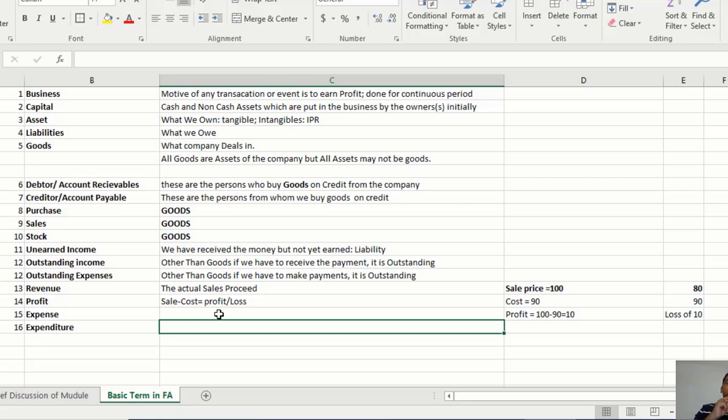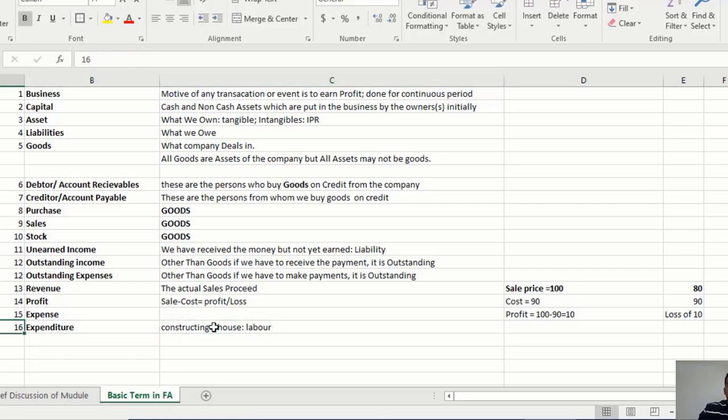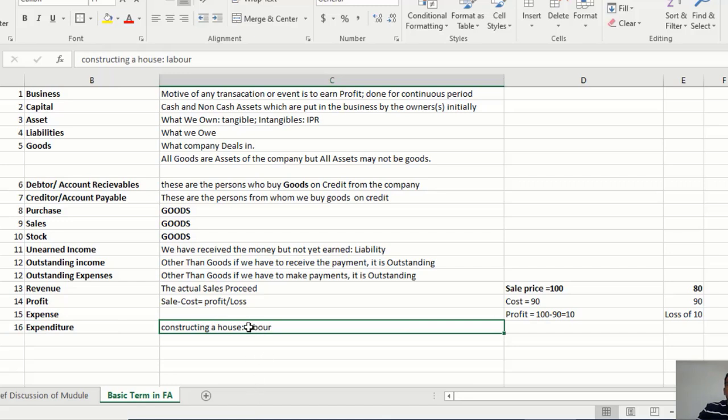Now think about this. I am not going to explain this like this, but you have to understand. If you buy 1 or 2 cups of tea, this is expense only. But I am giving an example. Suppose you are constructing a house. Now you have labor, let's say 20 laborers working in your house.